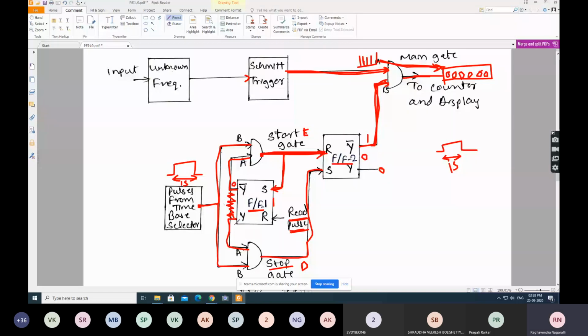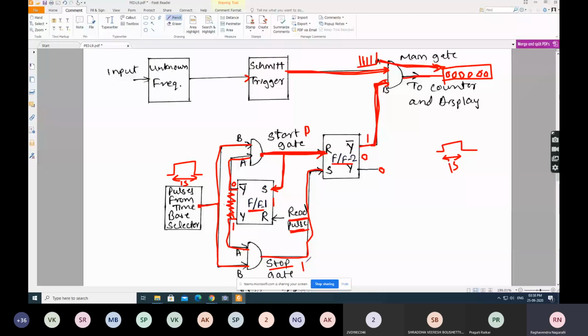Okay. Now again, the stop gate is enabled and start gate is disabled.